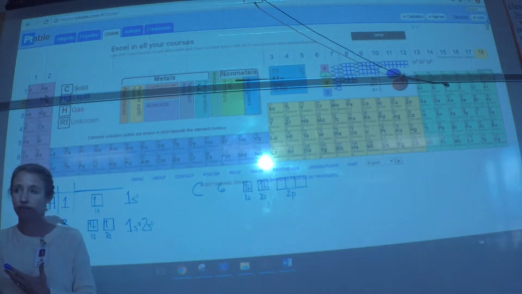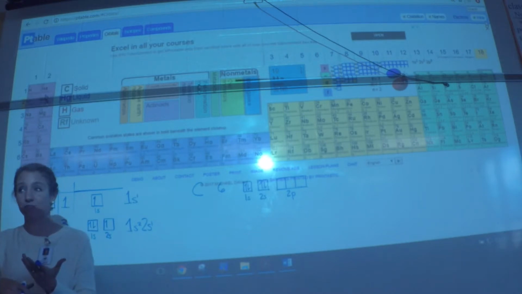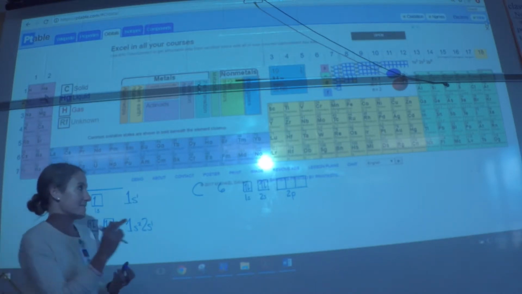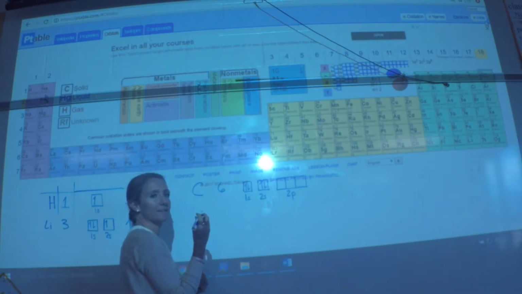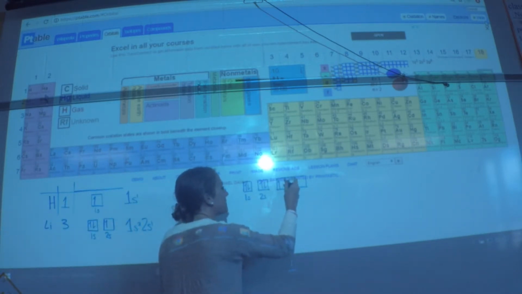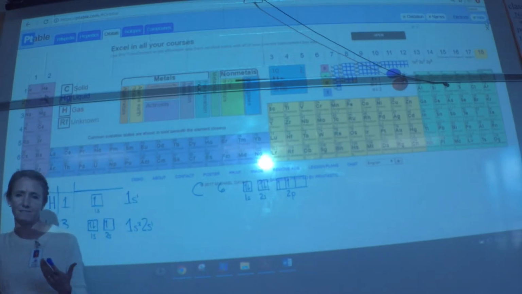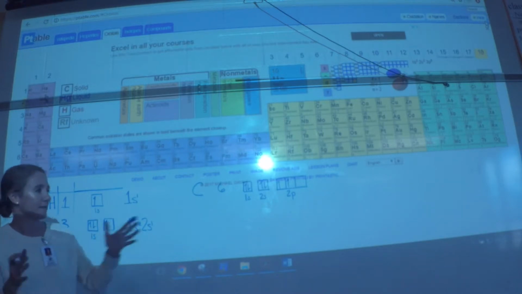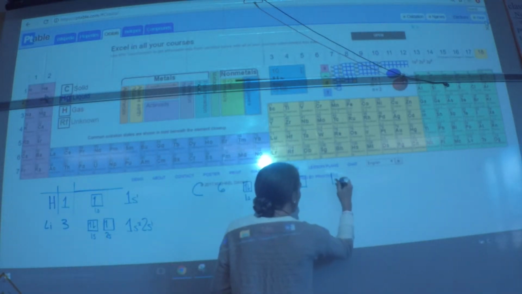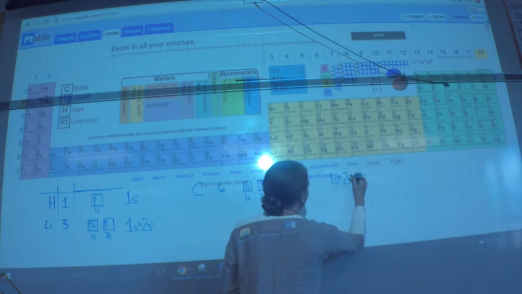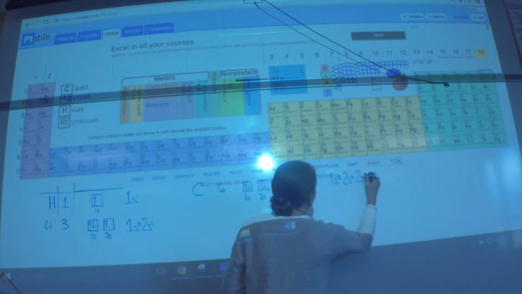How many electrons, though, am I putting in this room? 2, right? How do I put them in? Okay. Good. Separate boxes, same direction. They could go down, down, but they need to be separate boxes, same direction. Okay, so then the configuration would be 1s2, 2s2, 2p2.